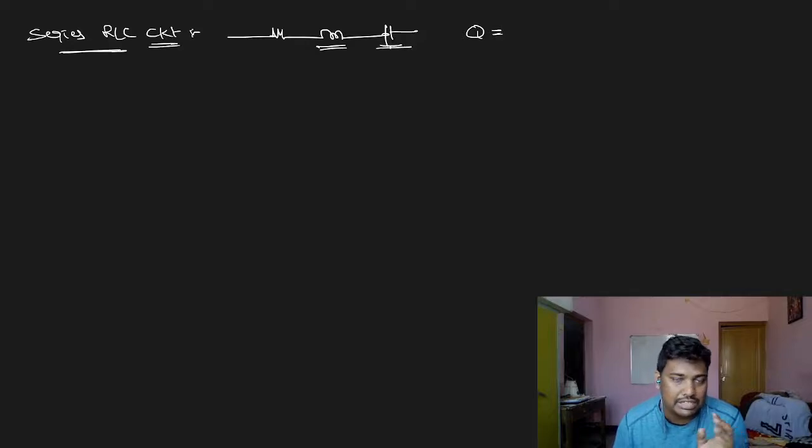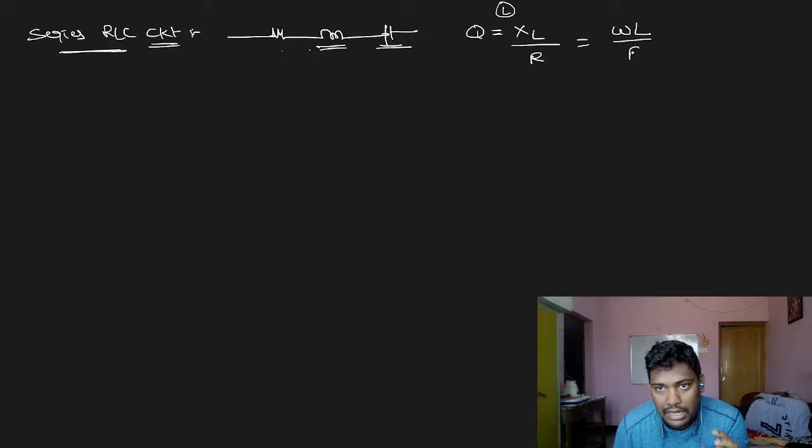Inductor and capacitor are both reactive components. Considering the inductor, the reactive component is X L and the active component is R. So it can be written as omega L by R.